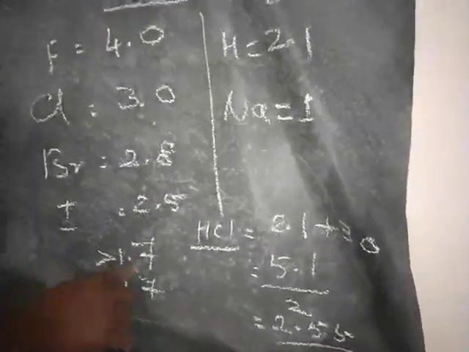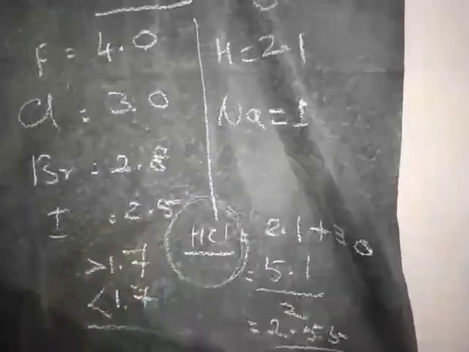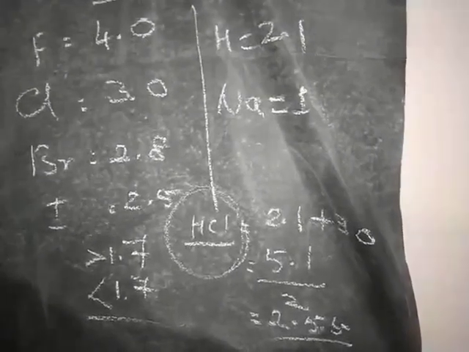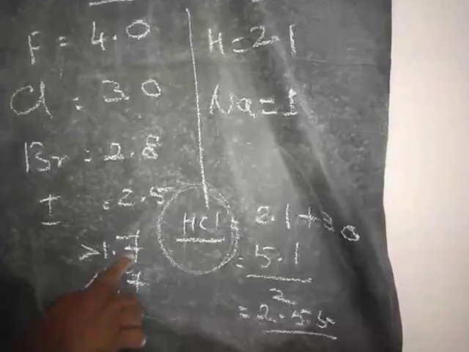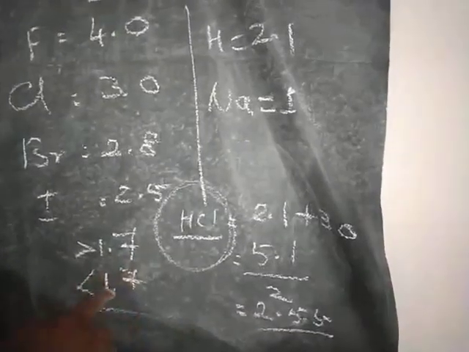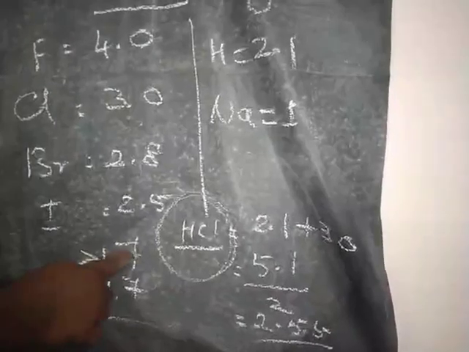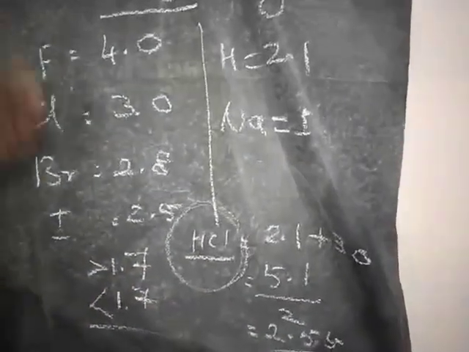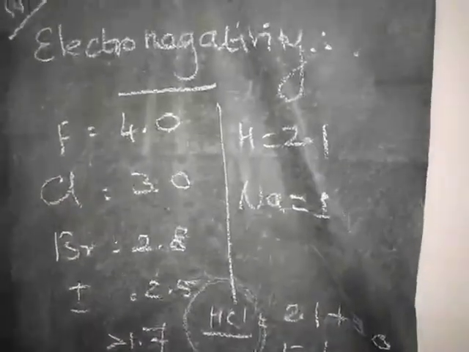The value is greater than 1.7. So what type of bond does this HCl show? Greater than 1.7, it is showing an ionic bond. Less than 1.7 is a covalent bond, greater than 1.7 is considered an ionic bond. In this way we have to find out the electronegativity value.